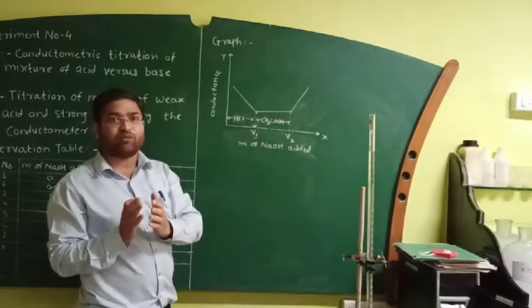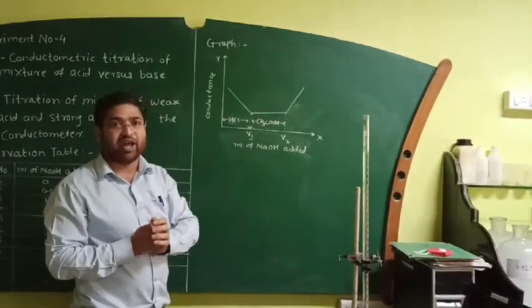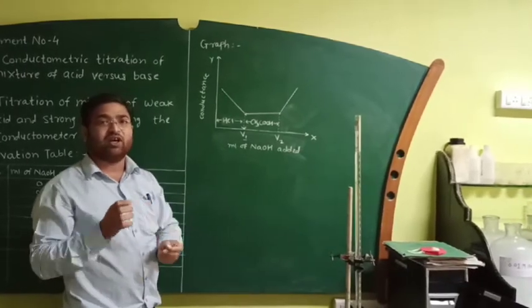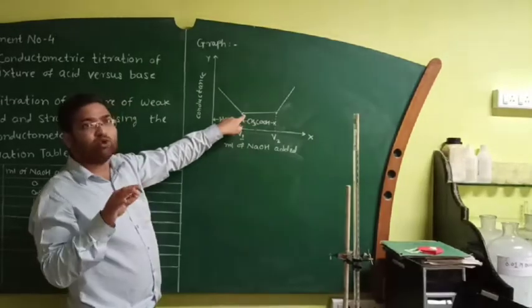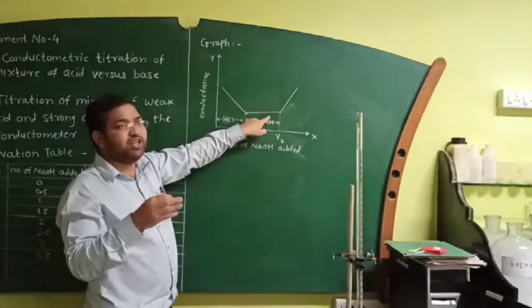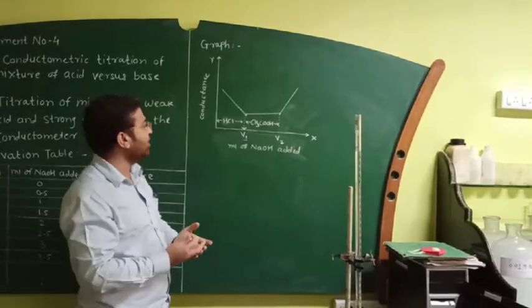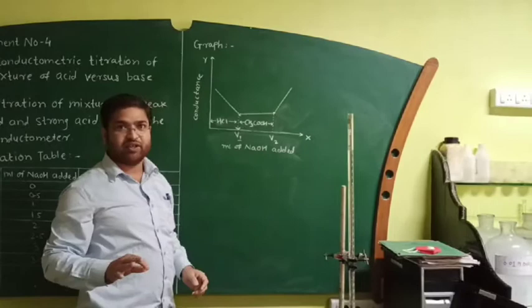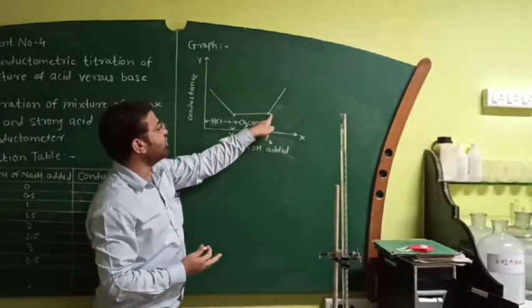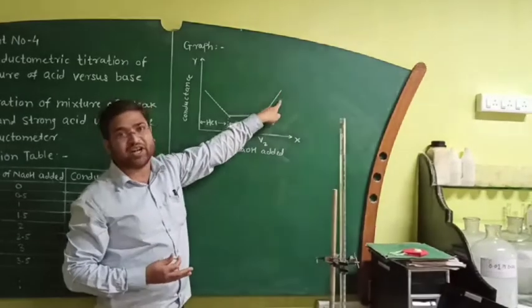During the titration of a weak acid versus a strong base, there is a formation of common ion, due to which the dissociation gets suppressed and therefore conductance almost remains the same, or it increases gradually. Once all of the acetic acid is neutralized, there is only excess added NaOH. So after this point, the conductance increases sharply.